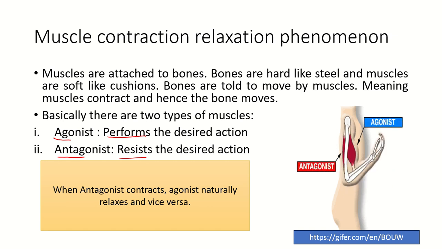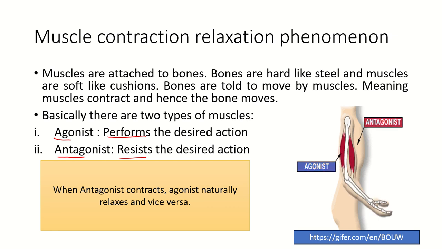Now, why? Why when agonist is contracting, can antagonist not contract? You can see in the video, agonist and antagonist are opposite not only by action, but also by placement. So when you're eating your food, your elbow needs to bend. When you want to take food from the plate, your elbow needs to straighten. Now, if your brain is telling both agonist and antagonist to contract, you'll never reach the plate or your food will never reach the mouth.